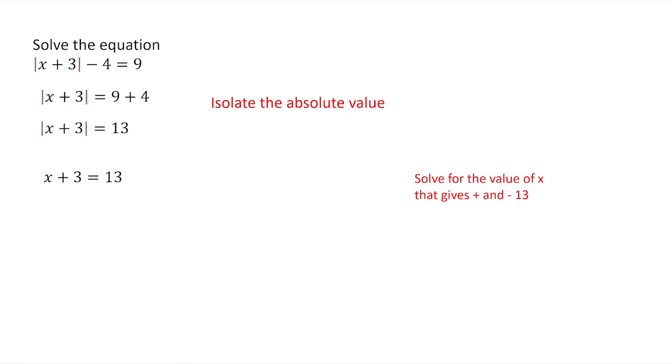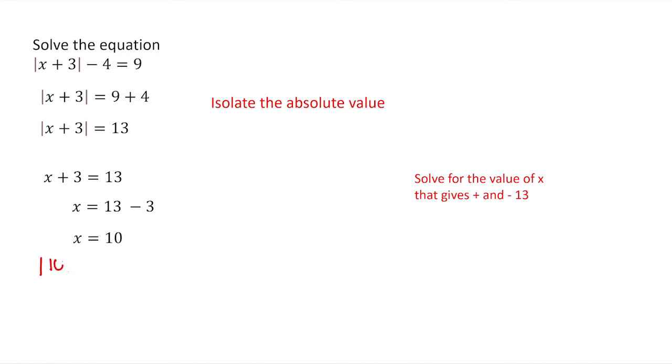So we solve for x plus 3 equals 13. And what does this value of x give us? Moving our 3 to our other side, we get x is equal to 13 minus 3, and x is equal to 10. So let's just show that we're correct here. Let's substitute 10 into our equation and see if we get 13.